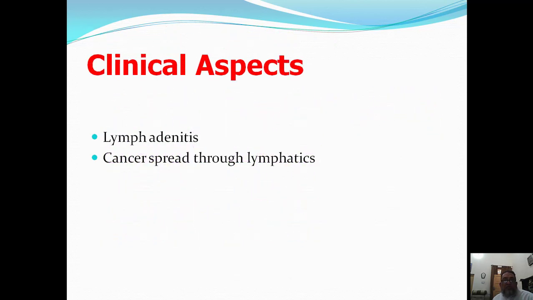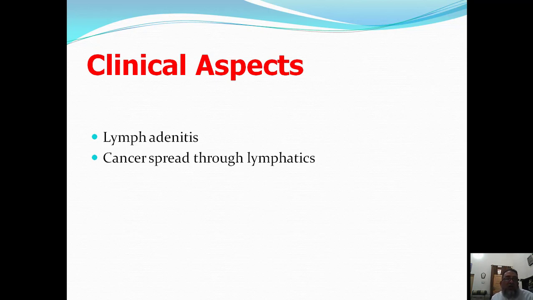What are the clinical aspects? Now lymphadenitis is the common feature, and infection can spread through lymphatics. ये आपको दो नजर आएंगे. Lymphadenitis is very common because with any infective wound infection present within the territory, the lymphatics carry the various incoming pathogens, bacteria and viruses.